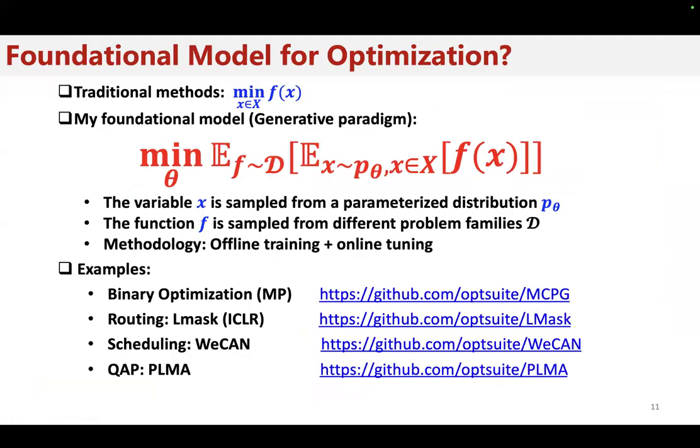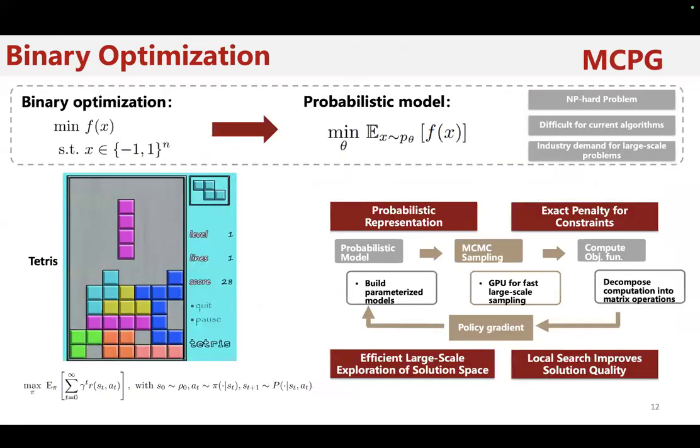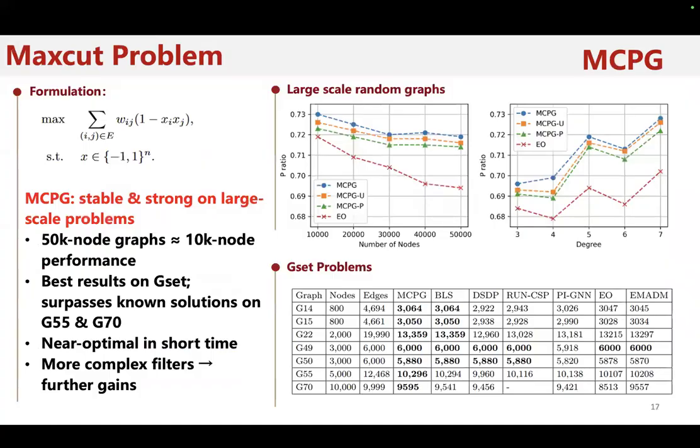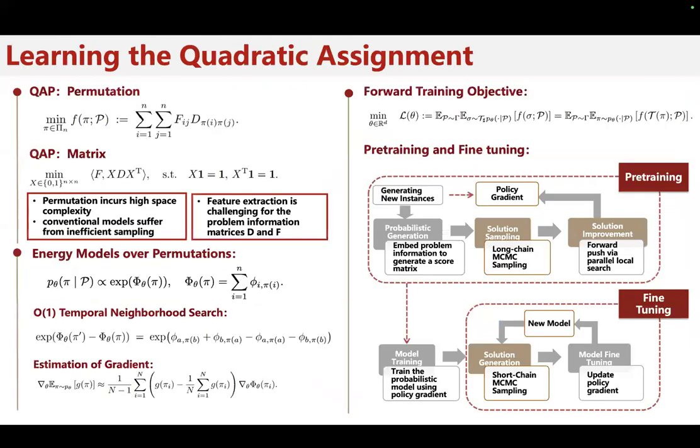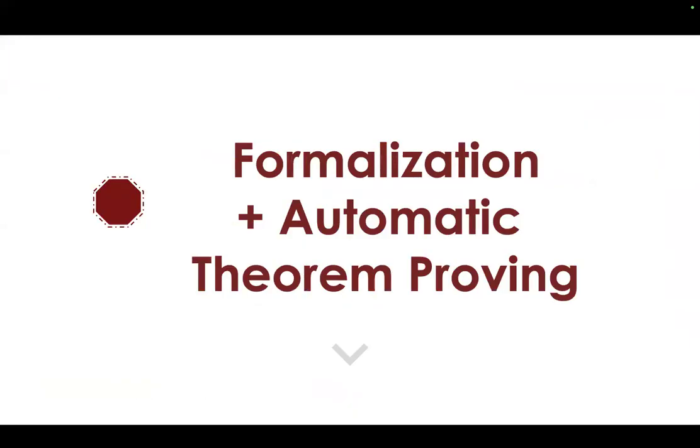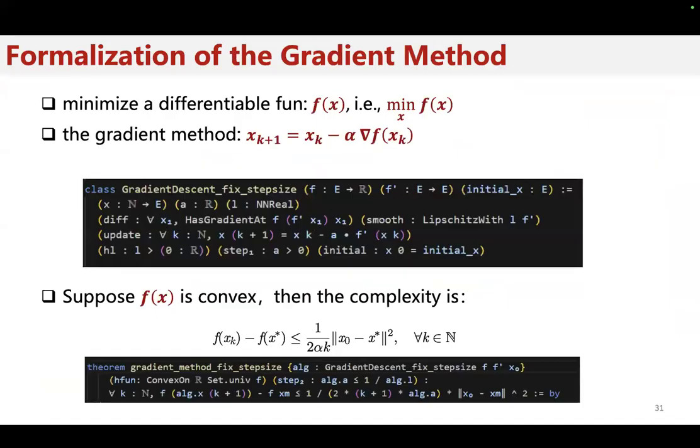So any other questions? If not, I can move to another topic, which is totally different. Let me go: formalization and automatic self-improving. In this part, what we want to do is prove things automatically.